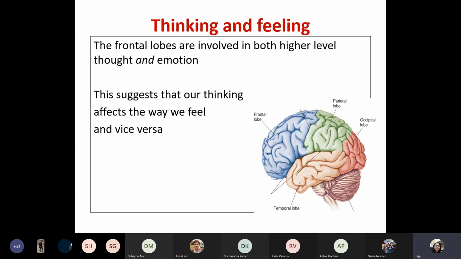All of you are aware of this: if somebody has a stroke, he may lose a function like talking, or movement of facial muscles, or movement of one side of the body, and so on.